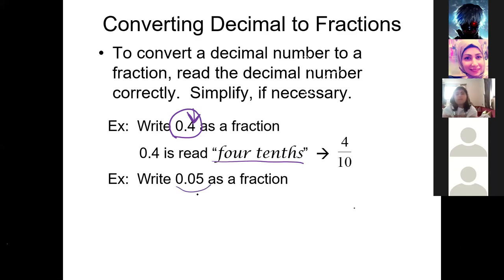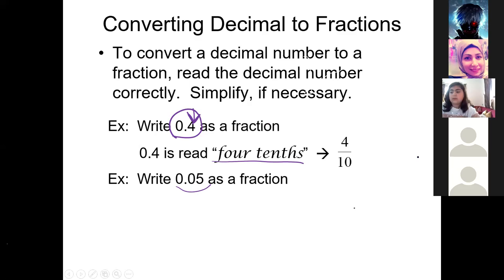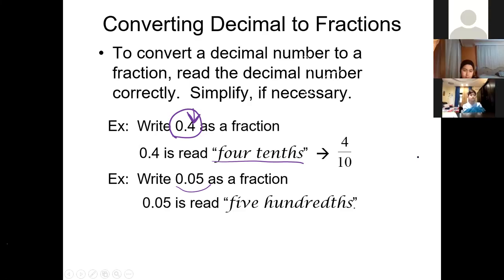How do we write it in letters, Joud? It's easy. 0.05. How do we write 0.05 in letters? 500. Excellent. 500 hundredths. Okay, now change it. How do we write it as a fraction?